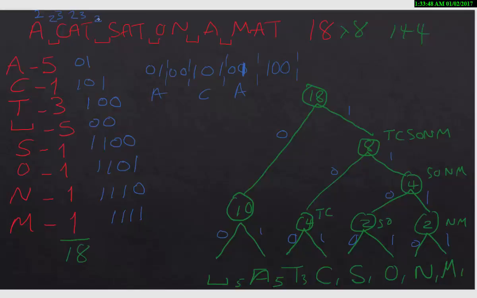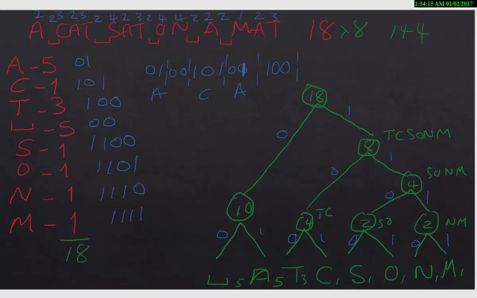S is 4, A is 2, T is 3, so it's the number of bits to represent it. 2 for a space, 4, 4, 2 for a space, 2 for an A, 2 for a space, M is a 1, 2 for an A, and T is a 3.